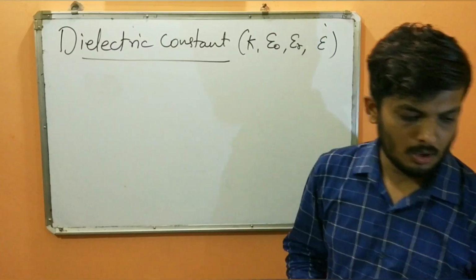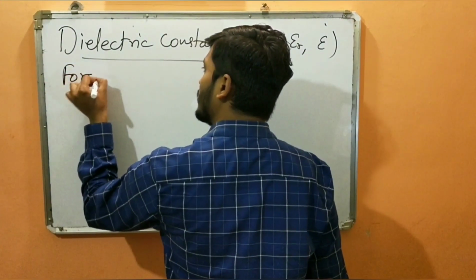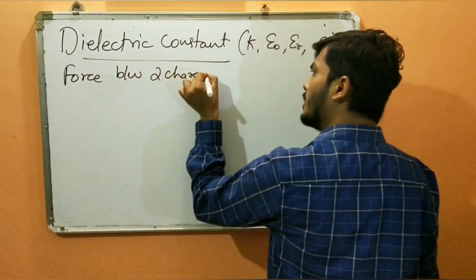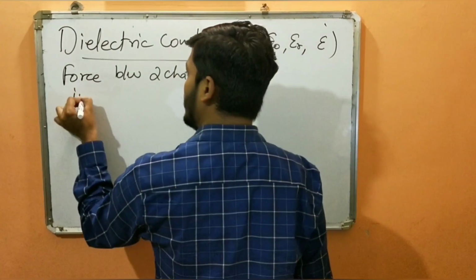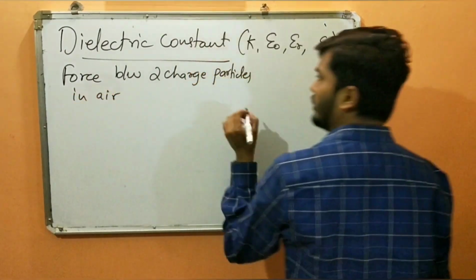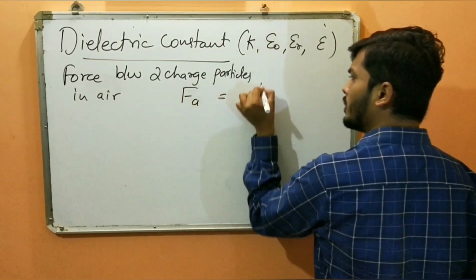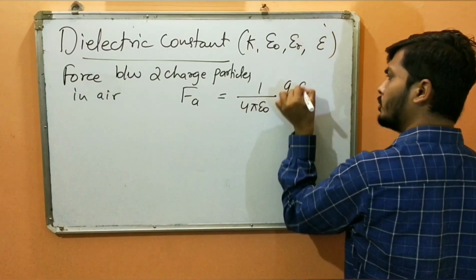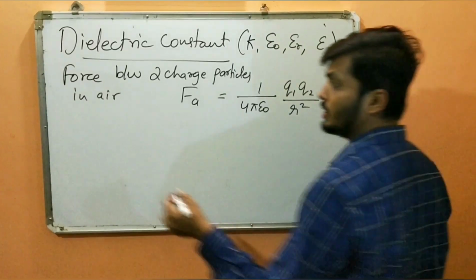Now, the force between two charged particles in air, let me name it FA. FA will be 1 upon 4 pi epsilon naught, Q1 Q2 divided by R square.